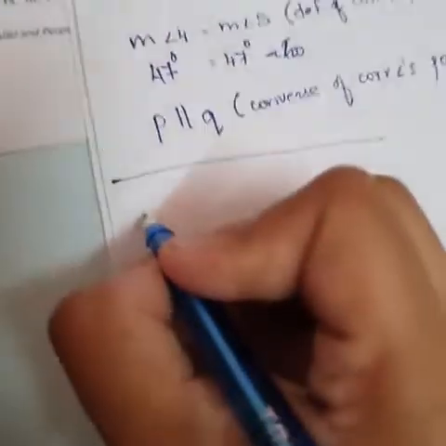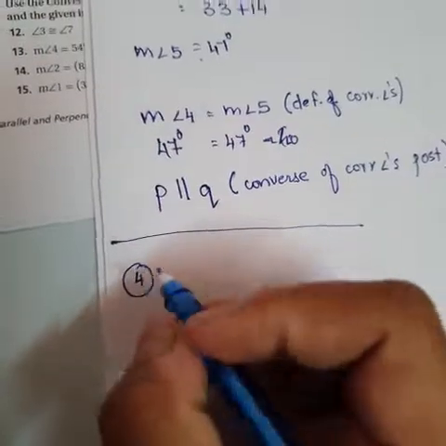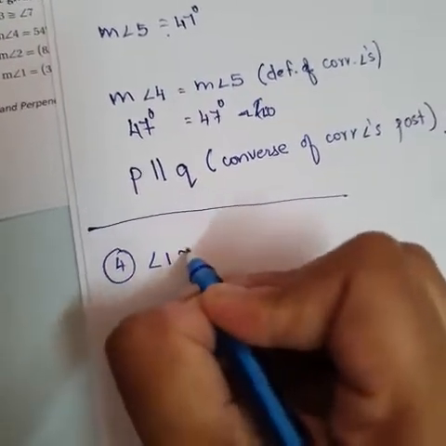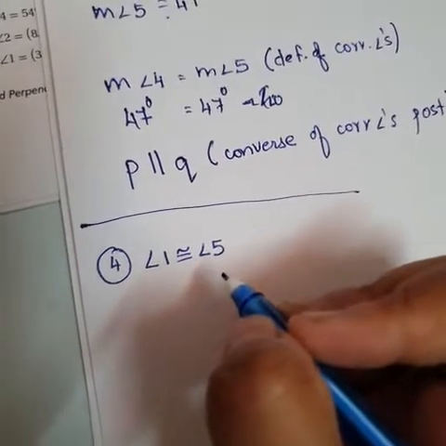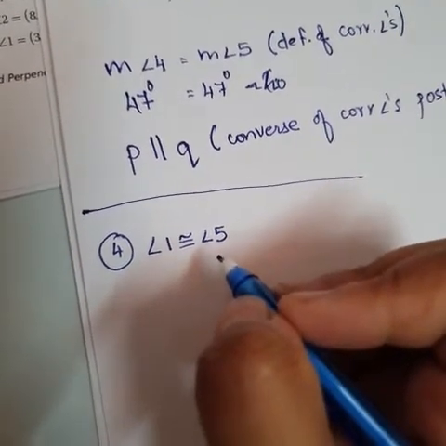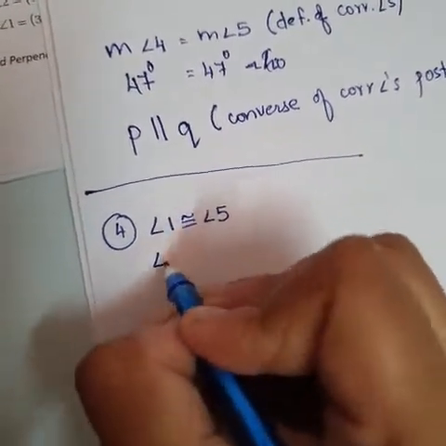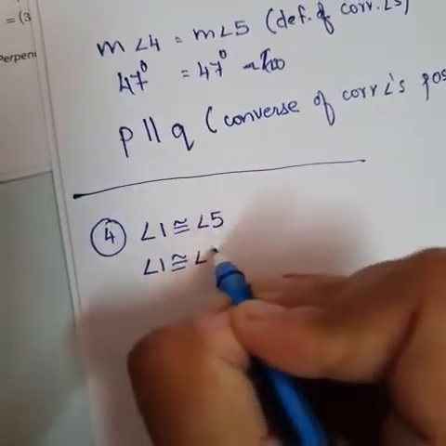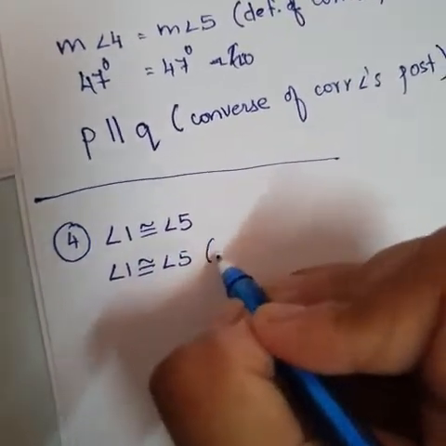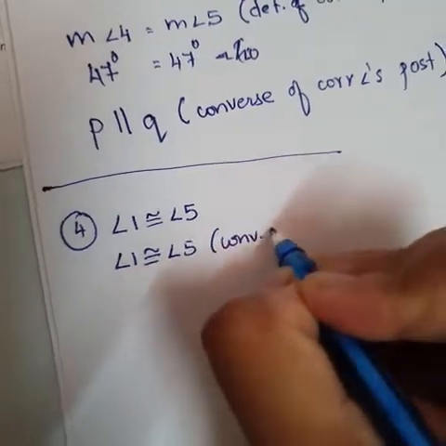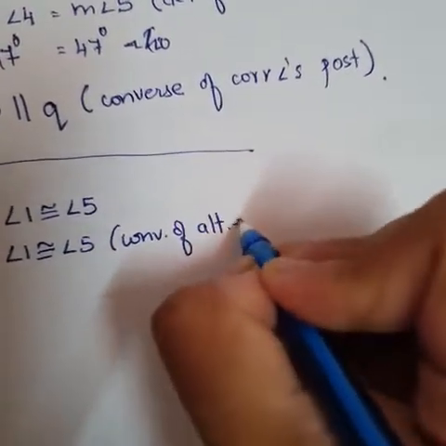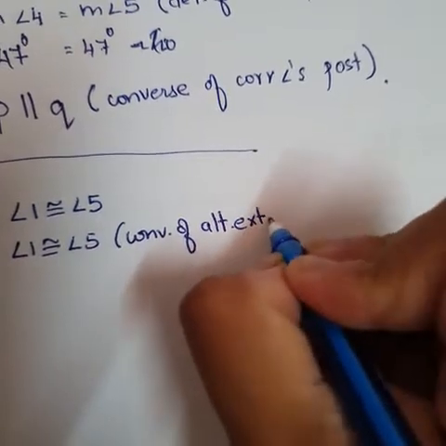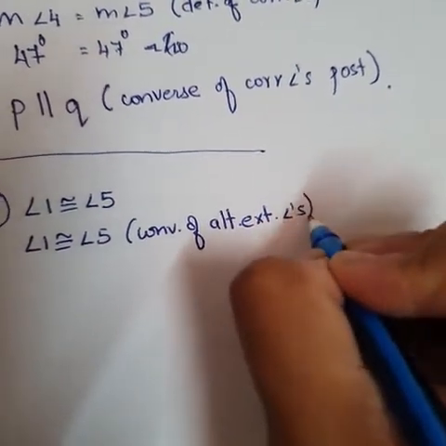So how are you going to prove that R is parallel to S? Angle 1 is congruent to angle 5. This is the given information for us. Okay, so we don't need to do anything here. So angle 1 is congruent to angle 5 because of the converse of alternate exterior angles theorem.